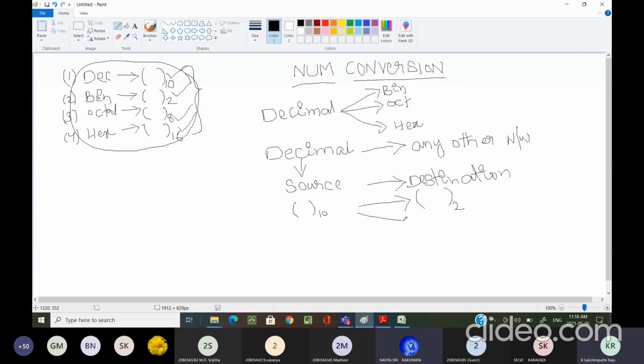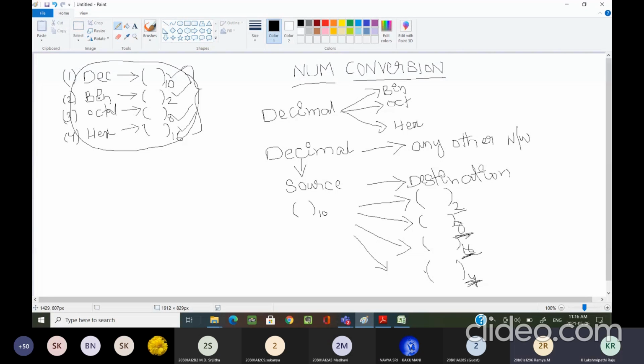If I want to convert decimal into octal, what is the base? 8. If I want to convert to hexadecimal, what is the base? 16. If I want to convert to base 4, why? Because I know the destination base or not.